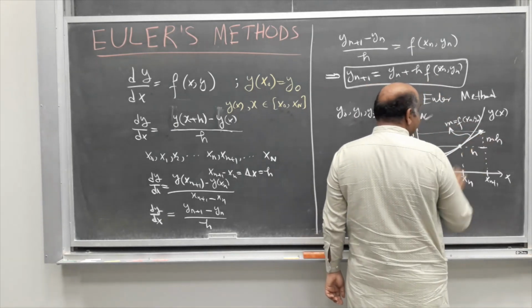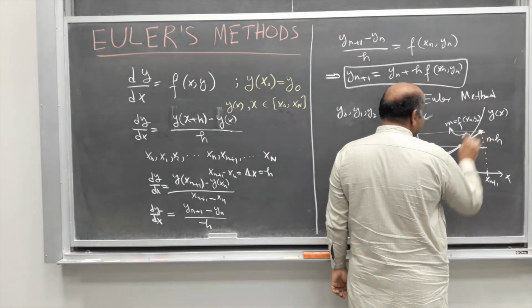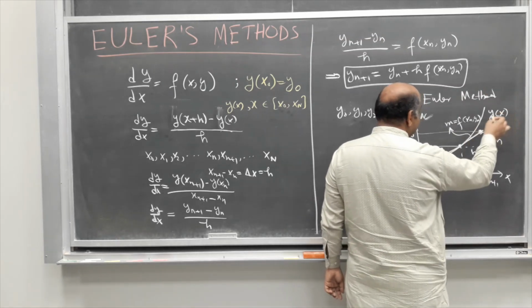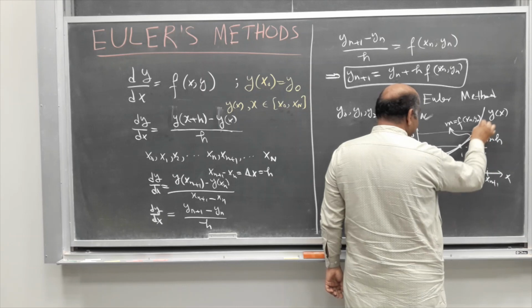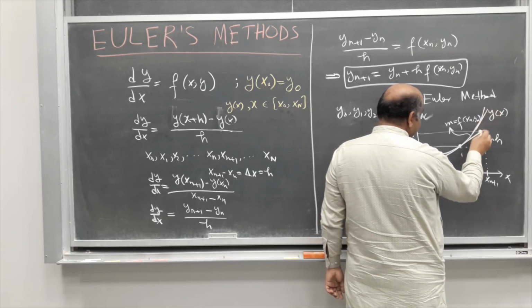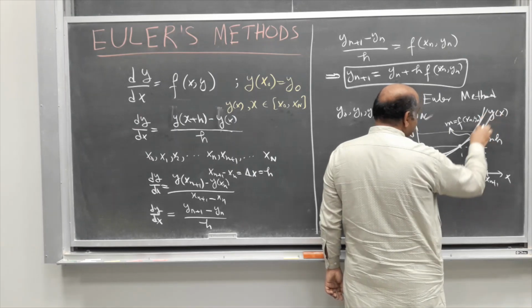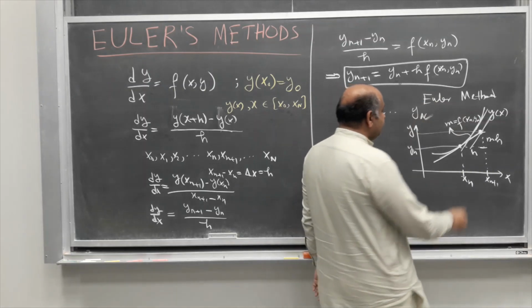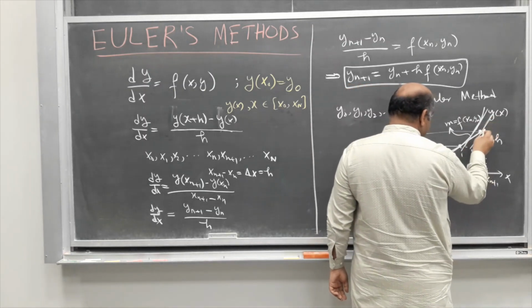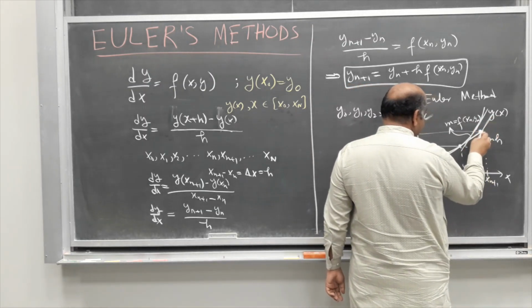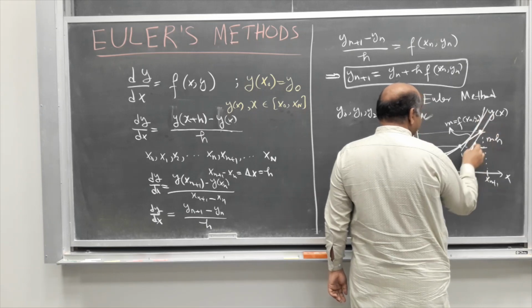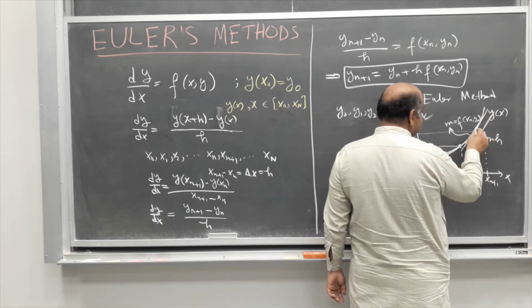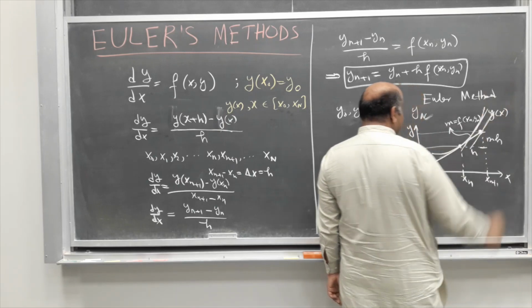So at this point, when we reach the next point, we are given this slope. So we approximate a straight line passing through this point with the same slope as this, because we know slopes at each point. By approximating this curve with another straight line here and using this slope, we can find the next point and so on.